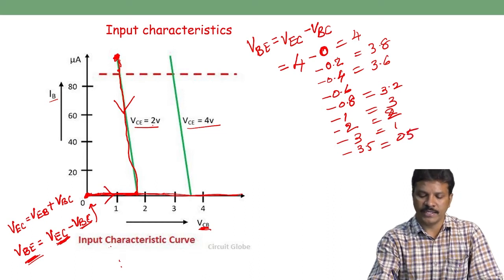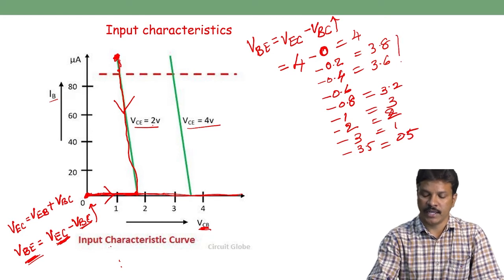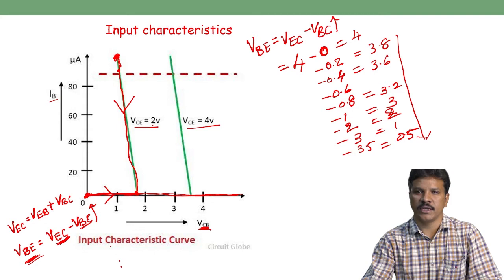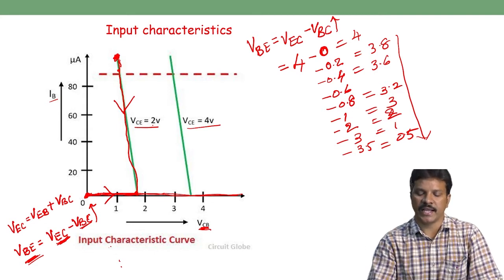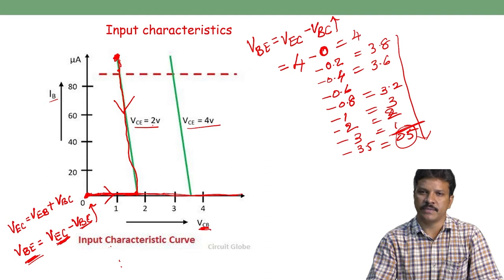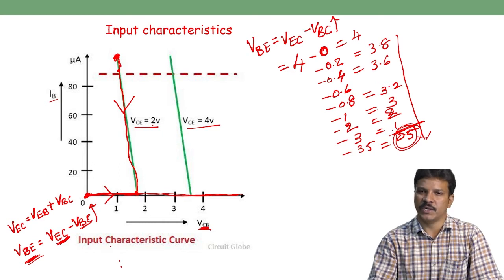So by increasing the collector to base voltage, the emitter to base junction voltage decreases. When the base voltage decreases, it represents a decrease in base current. If you reach this point, it is 0.5, which is less than the cut-in voltage. The base to emitter junction must be forward biased, so when it reaches less than the cut-in voltage, automatically the base current gets 0.